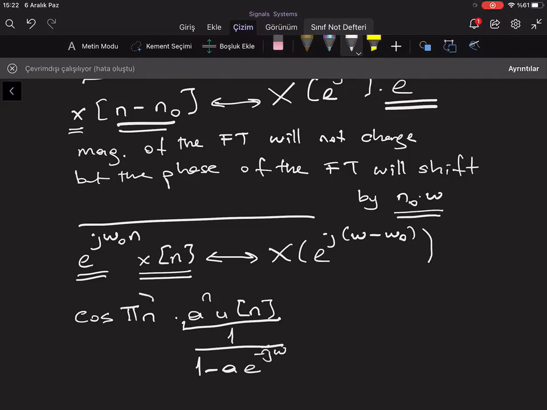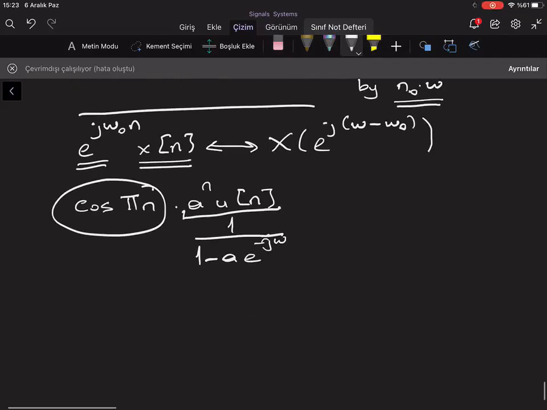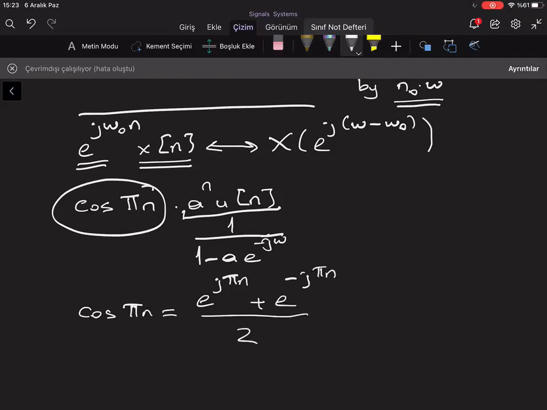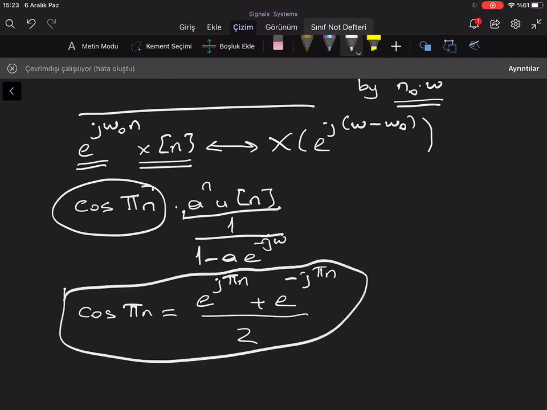Okay, and now cos(πn) is equal to (e^(jπn) + e^(-jπn)) divided by 2, right? So this is Euler's relation, and you know it beforehand.